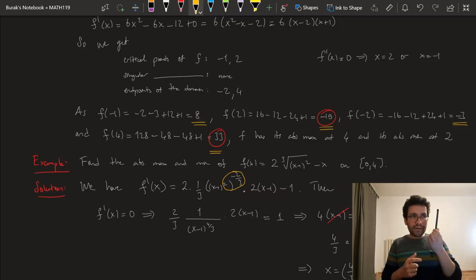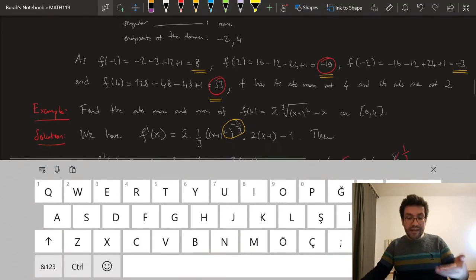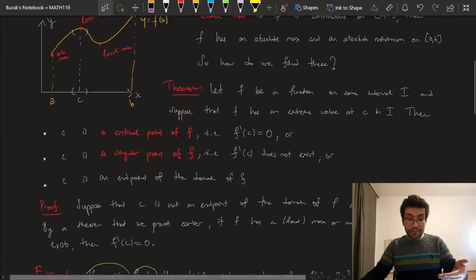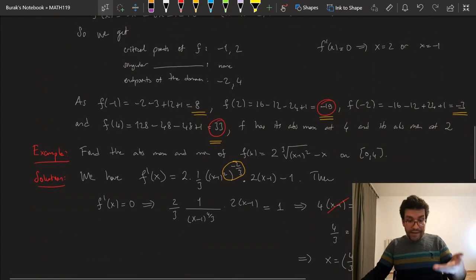But what if you're also looking for local maximum, local minimum? Can you tell me whether at this point my function has a local maximum or local minimum simply by looking at this value? I don't think so. I mean, the theorem does indeed hold for a local maximum, local minimum as well, but the problem is simply plugging in the values will not tell you whether at that point you have a local maximum or local minimum.